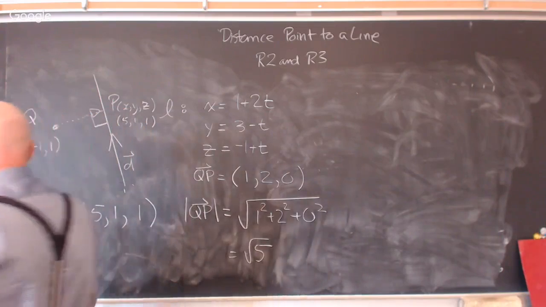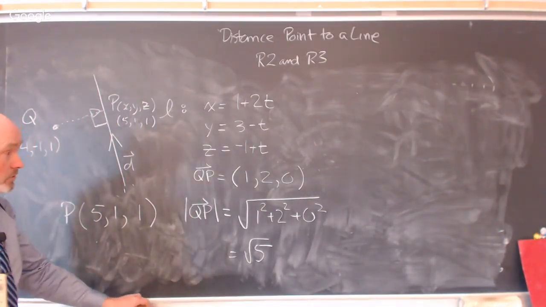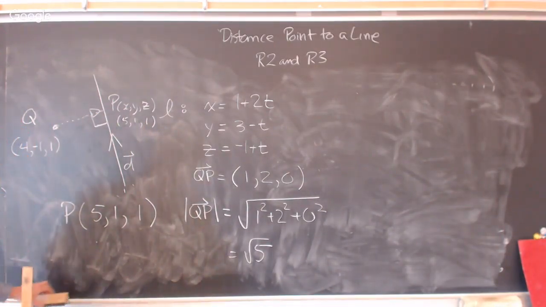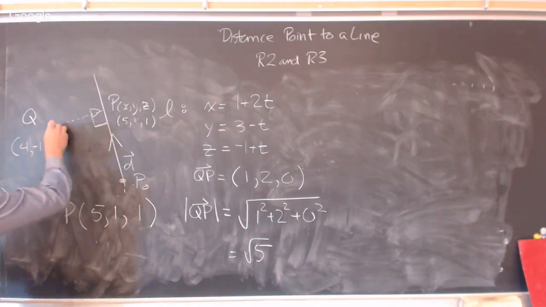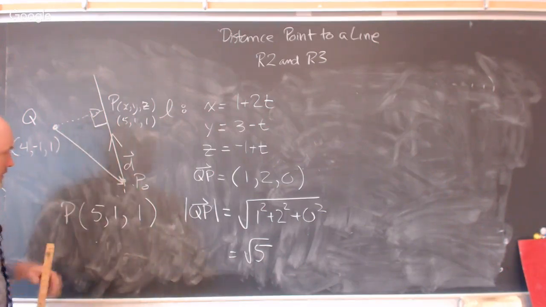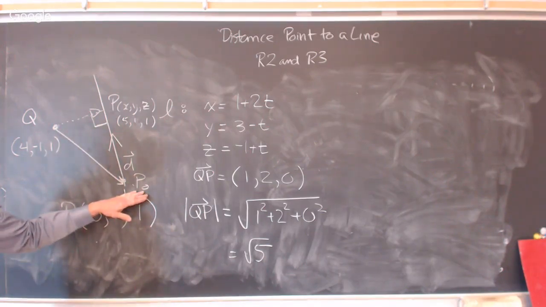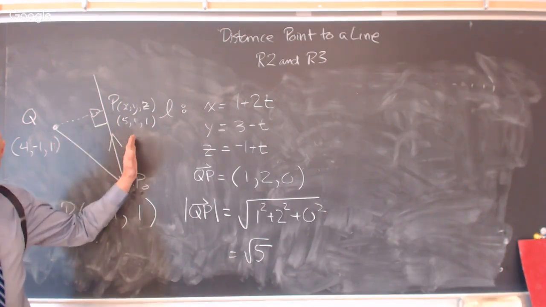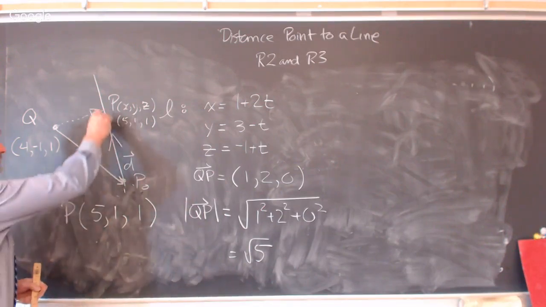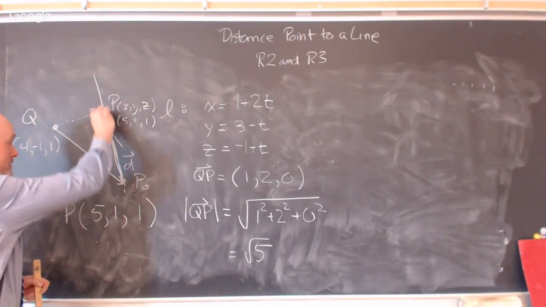All right, last thing that we're going to do. There is, by the way, another technique that we're not going to go over today, but I could just pick any old point out here, right? So I could choose the position vector, for example, and I could project this vector onto the direction vector to find out what the magnitude of this side is here.